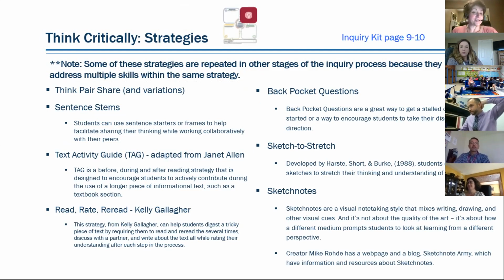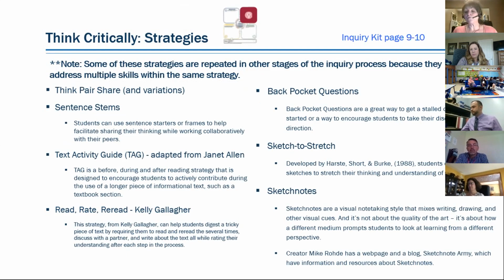We also have some sentence stems that you might find beneficial, especially for getting kids to discuss things. Sometimes they don't know a proper way of agreeing or disagreeing with each other or adding additional information. These sentence stems are open-ended sentences that give students options on how to agree, disagree, add clarifying information, ask questions, and summarize.